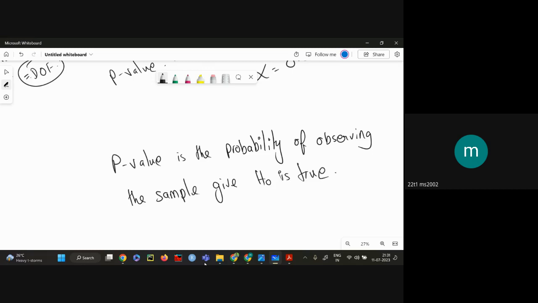This is always the case for the p-value, no matter what test you do.